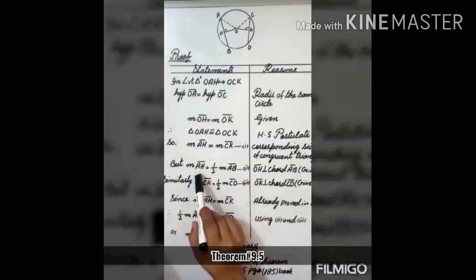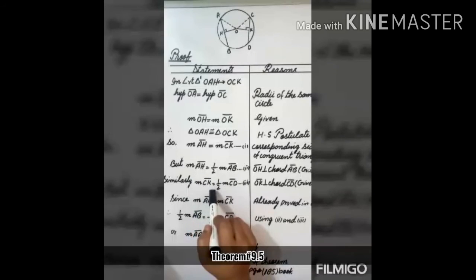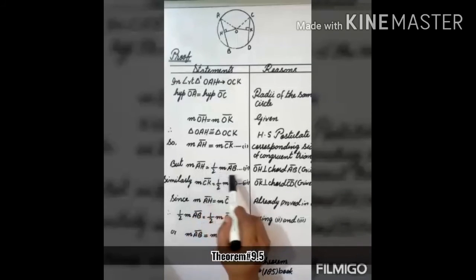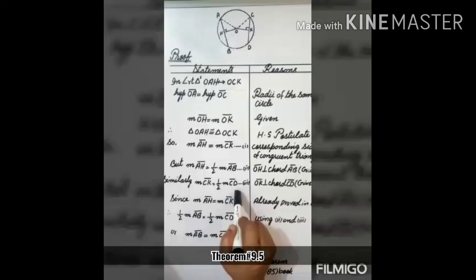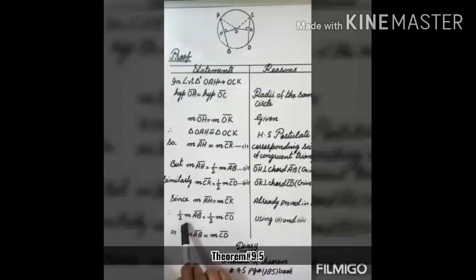When measurement AH is equal to measurement CK, and measurement AH is equal to half of measurement AB and measurement CK is equal to half of CD, then we can say that their halves are also equal, meaning half of measurement AB is equal to half of measurement CD by using equations number 2 and 3. When their halves are equal, then we can say that measurement AB is equal to measurement CD, meaning the length of the chord AB is equal to the length of the chord CD. This is the proof of the theorem.